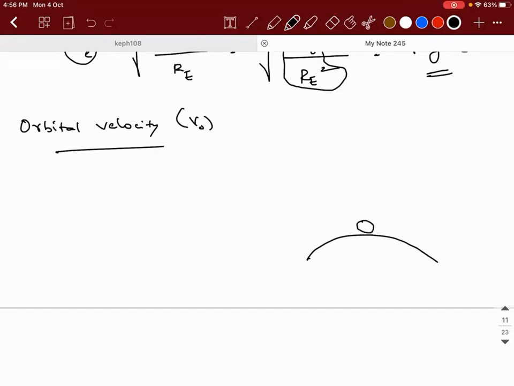So if there is a satellite on the surface of the Earth, if you give sufficient velocity to the object so that it reaches a height h, and after it reaches a height h, if you give horizontal velocity to this object, v naught, so that it starts revolving in an orbit around the Earth, then this velocity is called the orbital velocity.